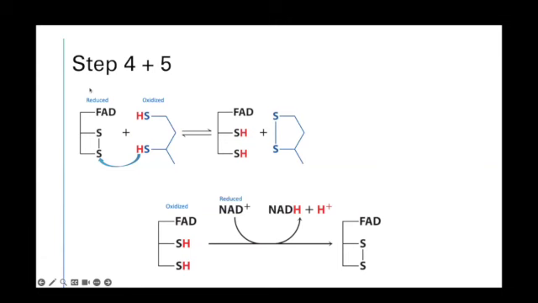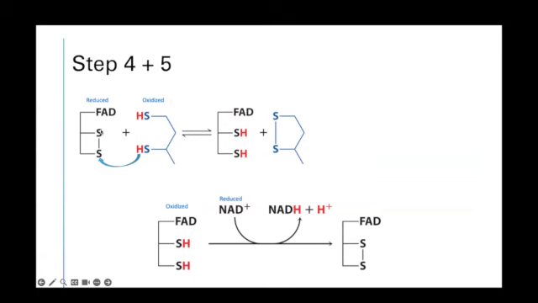As it gets close to that oxidized lipoic acid residue, it gets oxidized, and our E2 gets restored. We restore that disulfide bond right here.